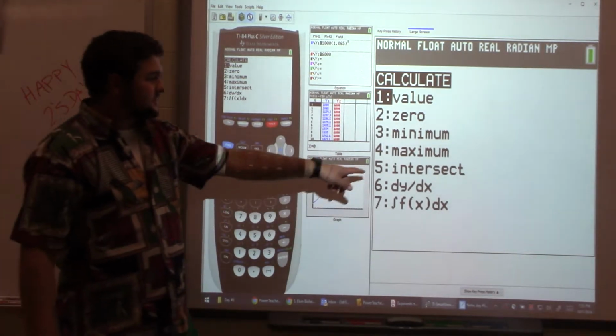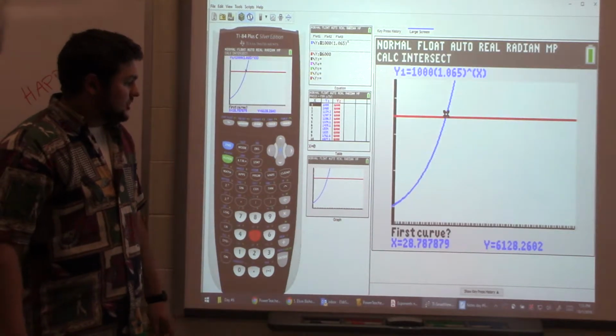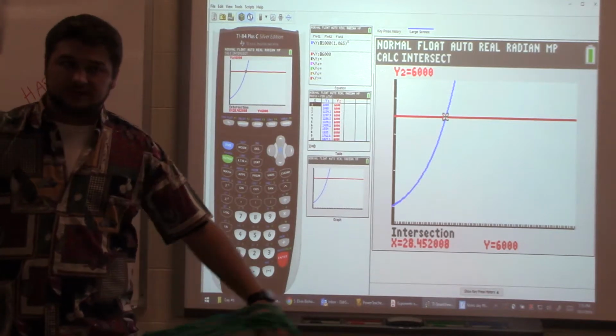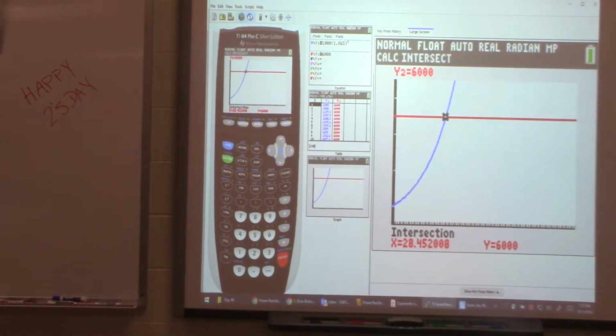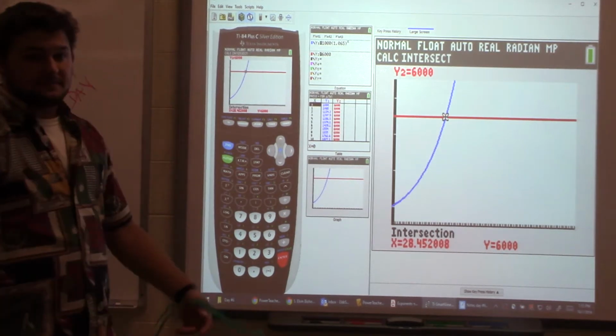If you notice, there's one that says intersect on it. So if you hit 5, you're going to need to hit enter 1, 2, 3 times because it's asking for your 2 curves and it's asking you to guess. And then it should give you your answer. So I'd probably write that down if I was you.